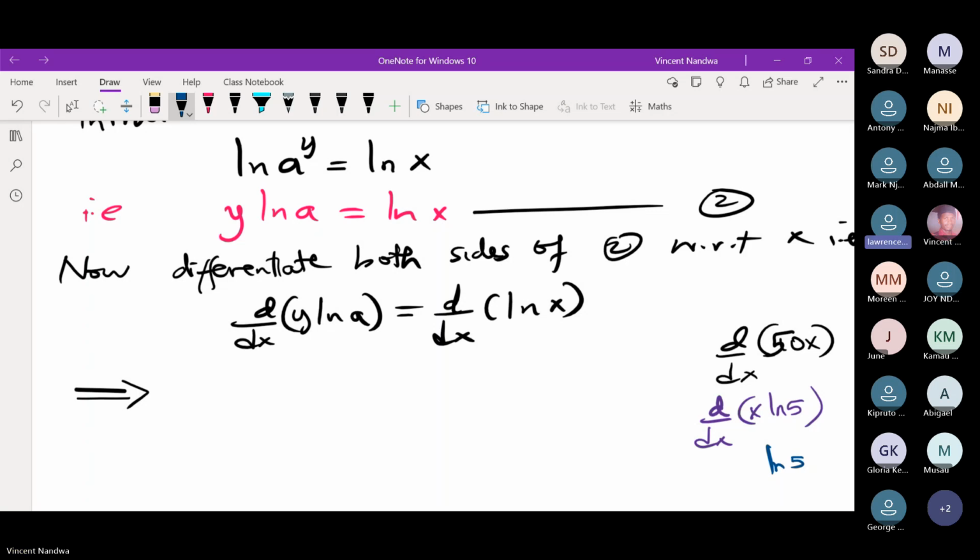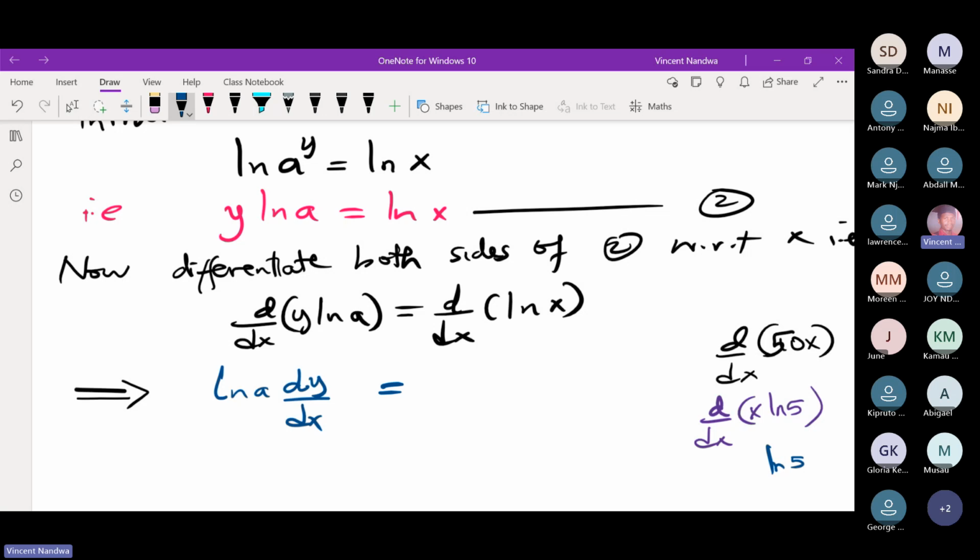ln of a, but because this variable is y, you attach a dy dx. Remember the implicit differentiation process. So this will be ln of a, but we attach dy dx because the variable here is y. When you differentiate y with power rule, you get 1, but you attach dy dx since y is a differentiable function of x.